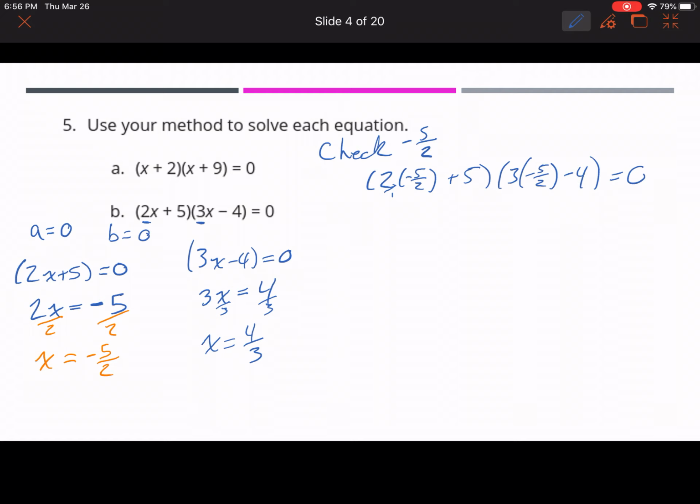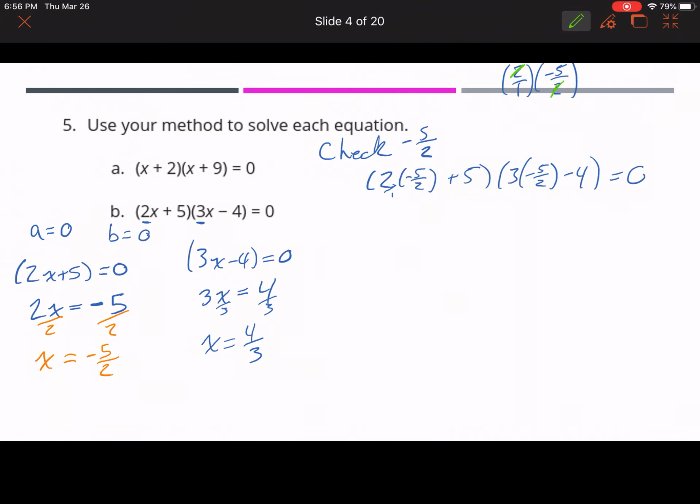We're multiplying by fractions. Again, if you're still stuck on your fractions, you need to go back to some of the worksheets I put out at the beginning of the year. So that 2 is the same as saying 2/1. So I've got 2/1 times -5/2. One thing I can do is to cross cancel.